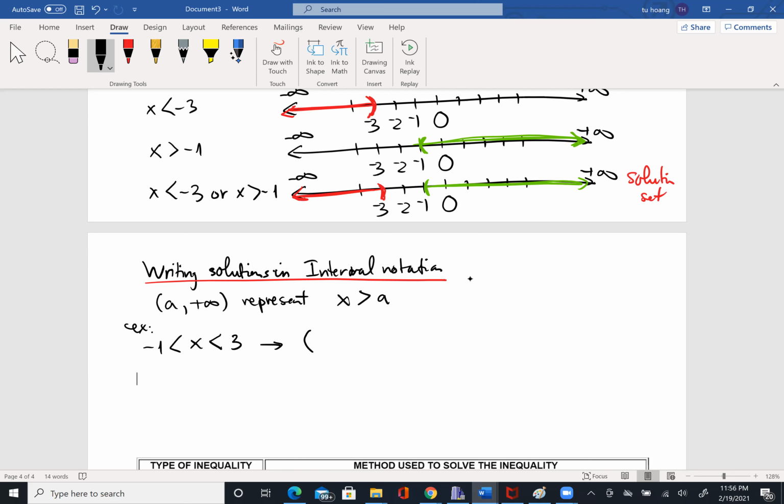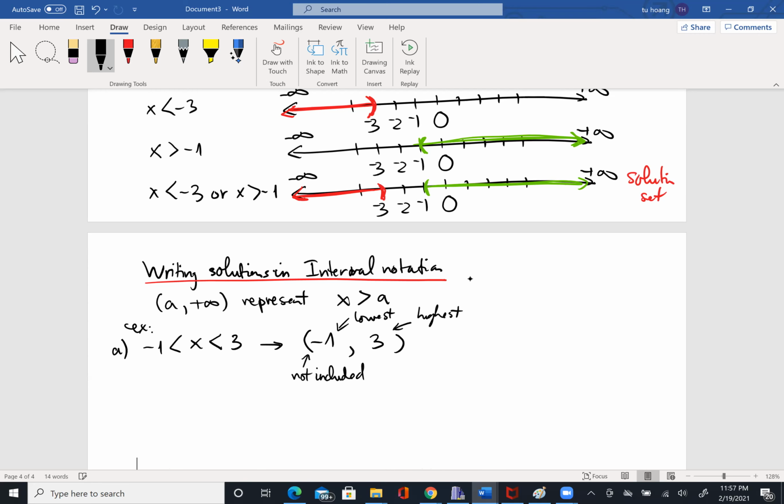Parentheses stand for not included. So -1 will be the lowest value, comma, 3 is going to be the highest value of x, and then parentheses, because this does not include the value of 3. So that is for problem A.